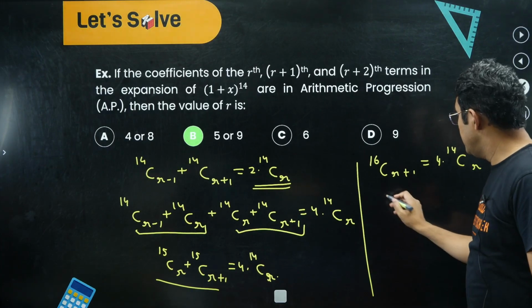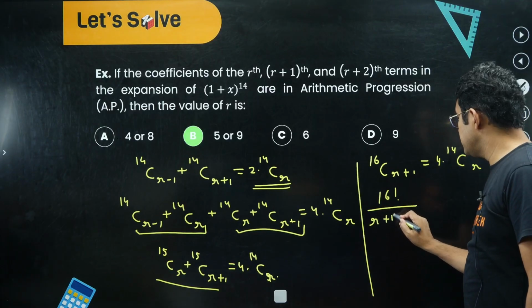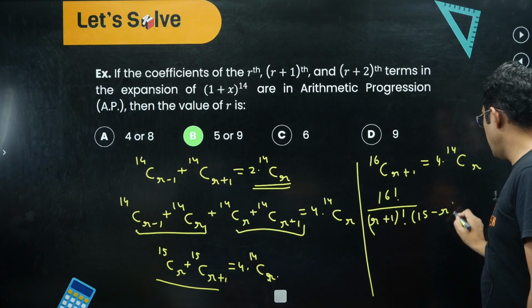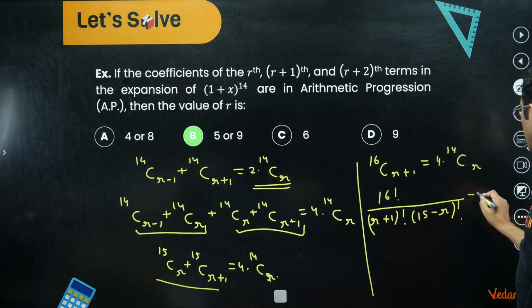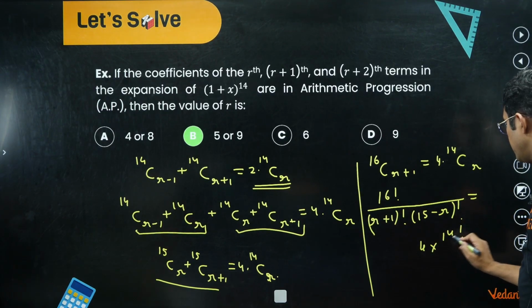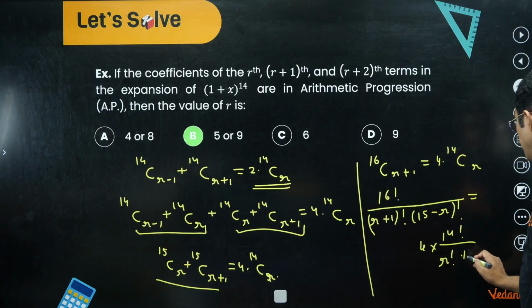Now open it: 16 factorial over (r+1) factorial into (15 - r) factorial, and on the right hand side 4 into 14 factorial over r factorial into (14 - r) factorial.